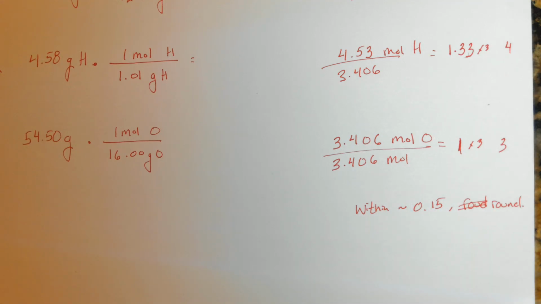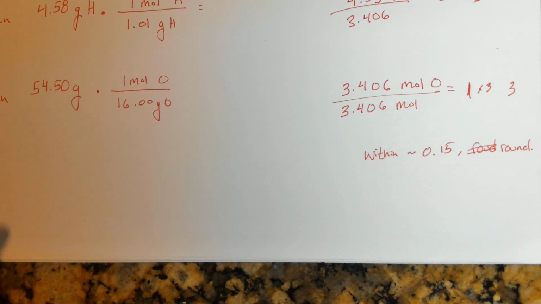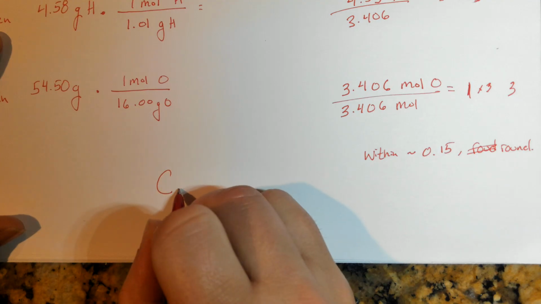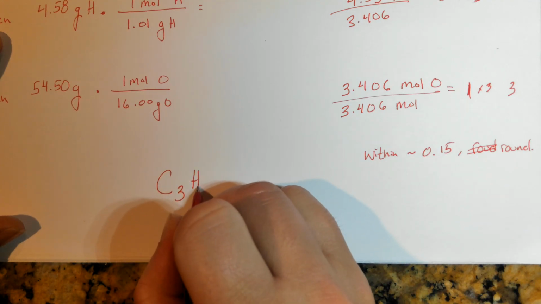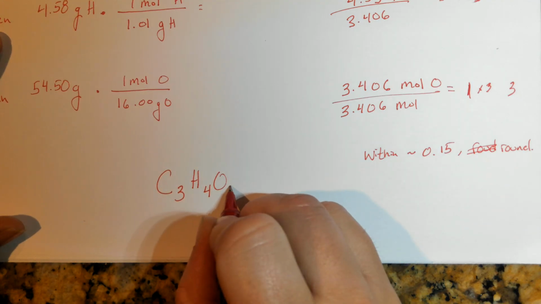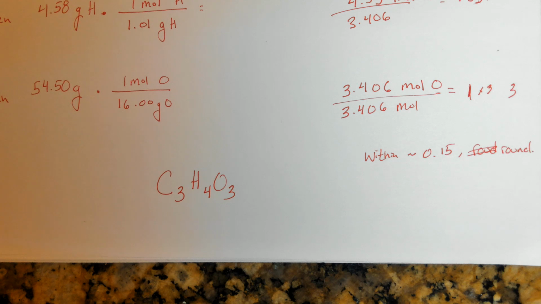And so what is our empirical formula for question 1? Our empirical formula is C3H4O3. And a really good way to test whether or not this is correct for your empirical formula is going to be, well, does this simplify? If the answer is yes, you probably did something wrong.